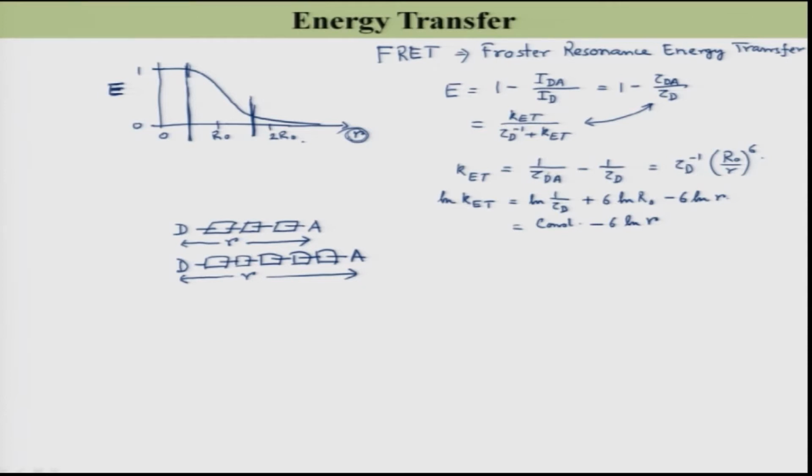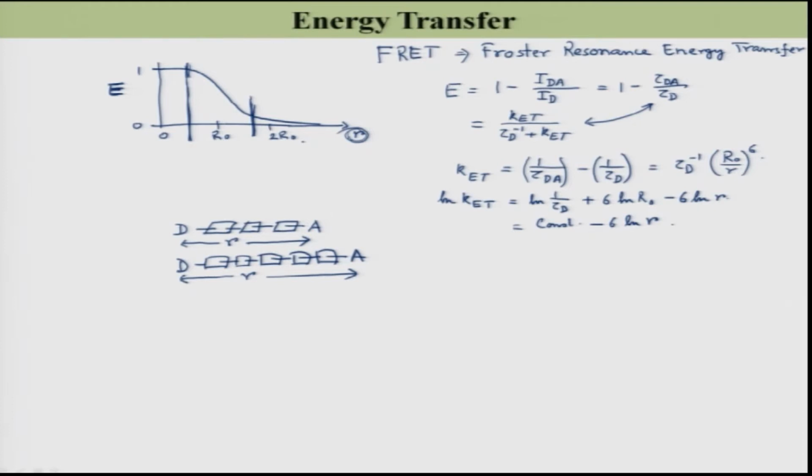You just measure the lifetime of this molecule, and you measure the lifetime of only the donor without the acceptor, then you get k_ET, and you plot ln k_ET as a function of R for several such molecules.